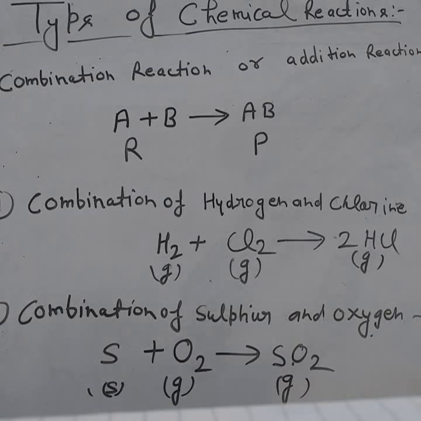The next example is the combination of hydrogen and chlorine. Hydrogen in the gaseous state and chlorine in the gaseous state react with each other to give HCl, or hydrogen chloride. Next is the combination of sulfur and oxygen. Sulfur reacts with oxygen and gives sulfur dioxide.